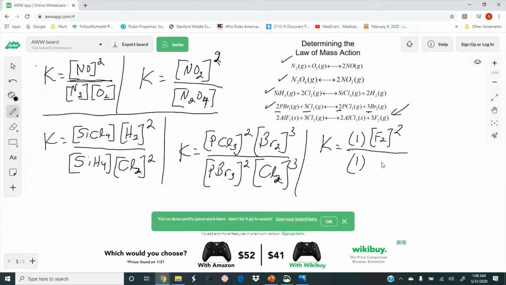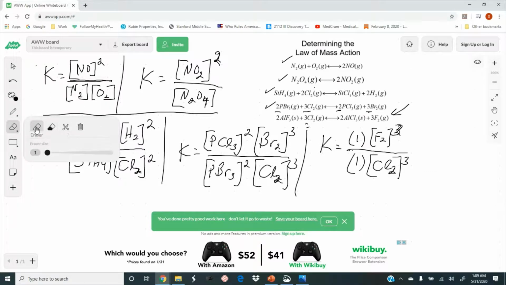Cl2 is a gas. And once again, the coefficient of Cl2 is a 3. Ooh, I messed up. So this should be cubed, and so should this. Well, let me do this. There's everything here.